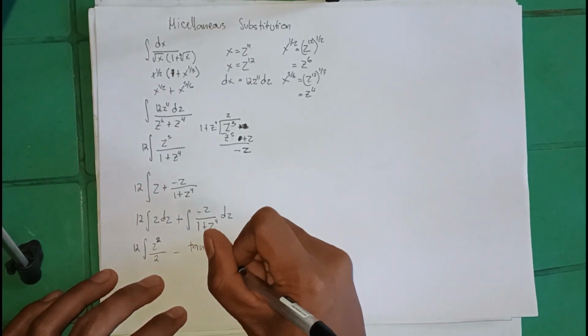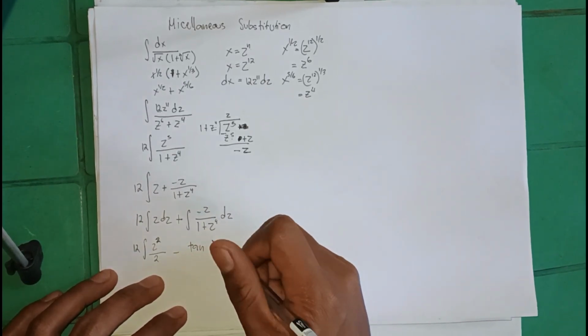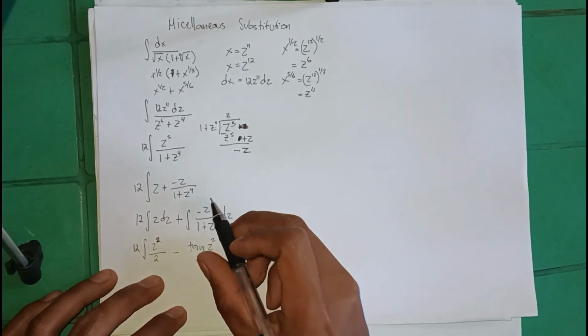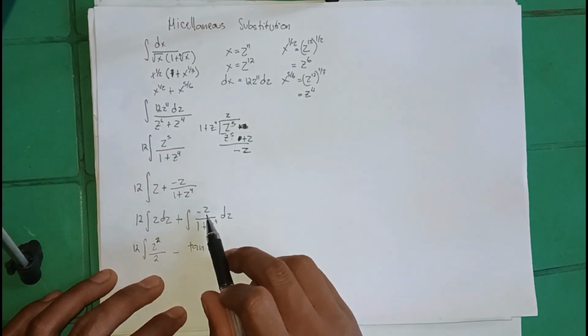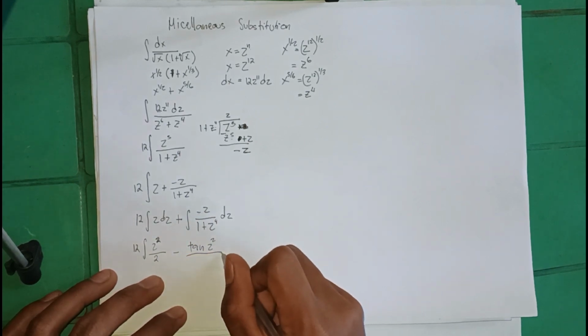So we can now have tangent z squared over 2, since the antiderivative of z is z squared over 2.